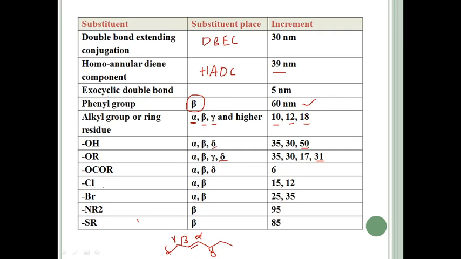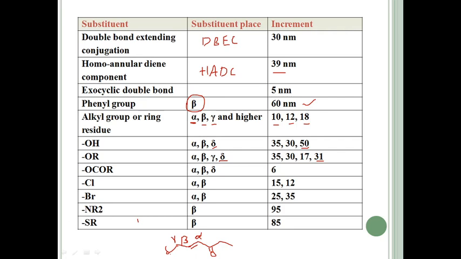For chloro substituent, we have to consider alpha and beta positions only. There is no gamma and delta. For bromo also there is no gamma and delta. For chloro, alpha 15, beta 12 nanometer. For bromo, alpha 25 nanometer, beta 30 nanometer.